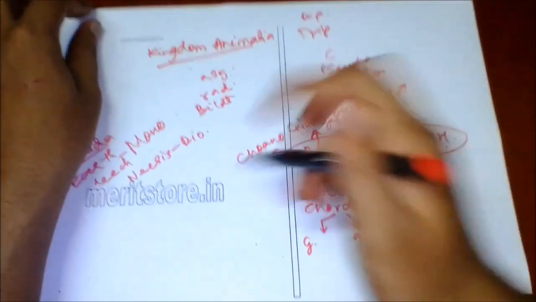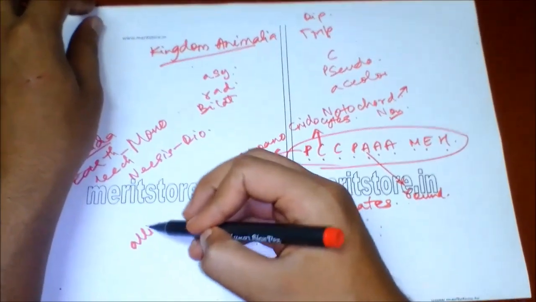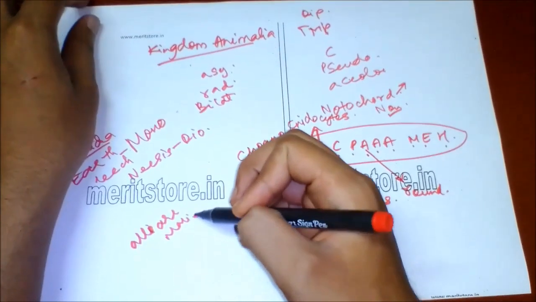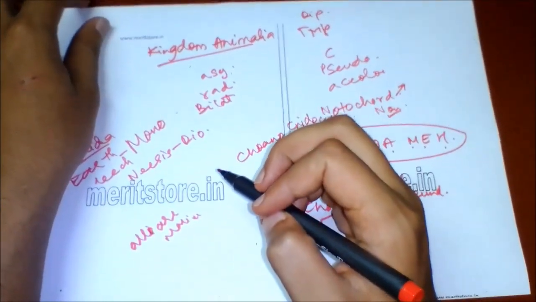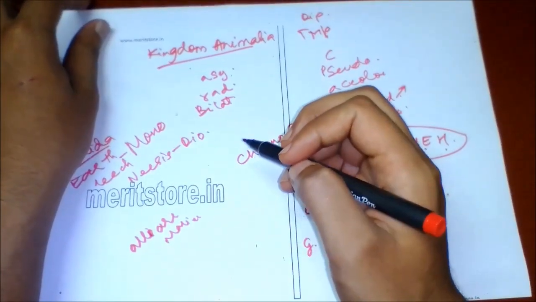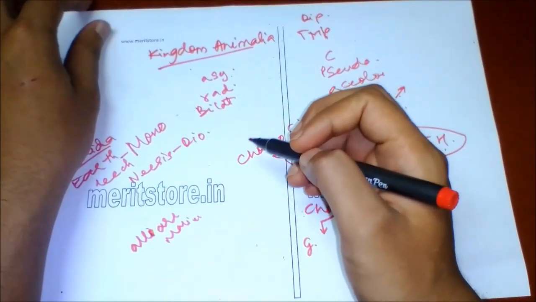All are marine, so you have to remember that, with organ system level of organization, and they have a water vascular system which helps in locomotion, capture and transfer of food.